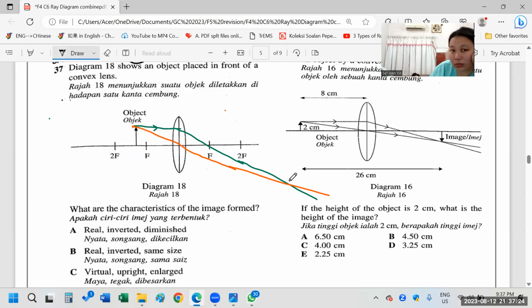So actually, what is here? This is the tip of the object. This is the base of the object. The base of object and image always stick to the principal axis. So it's like this. This is the base and this is the tip.